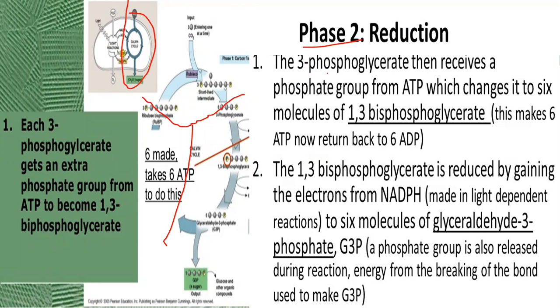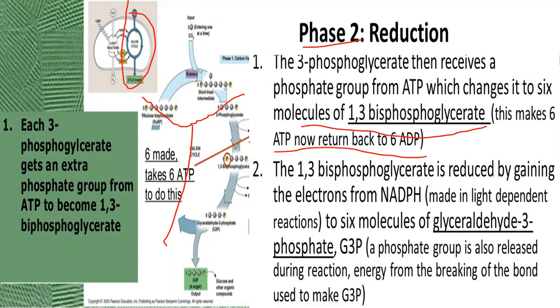3-phosphoglycerate (3-PG) then receives a phosphate group from ATP, which changes it into 6 molecules of 1,3-bisphosphoglycerate. This turns 6 ATP back to 6 ADP. Here at this position, this is carbon fixation. And now from 3-phosphoglycerate to 1,3-bisphosphoglycerate, what happens here?